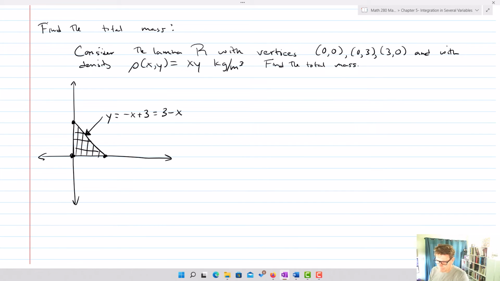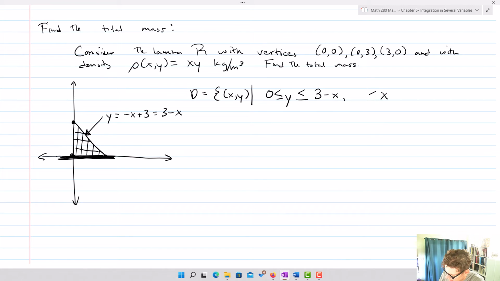And so my region D is going to equal the set of all xy such that y is greater than or equal to 0, because there's the x-axis, less than or equal to 3 minus x. And then x is going to go from 0 to 3.